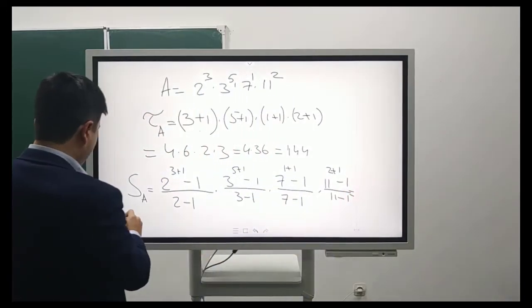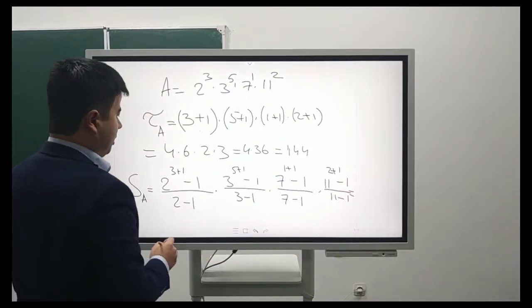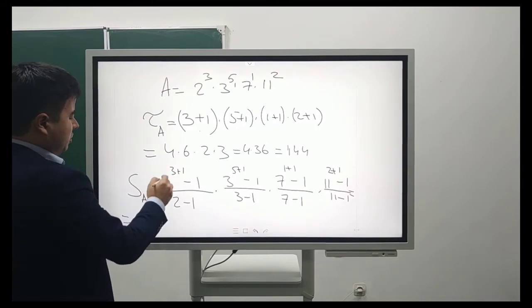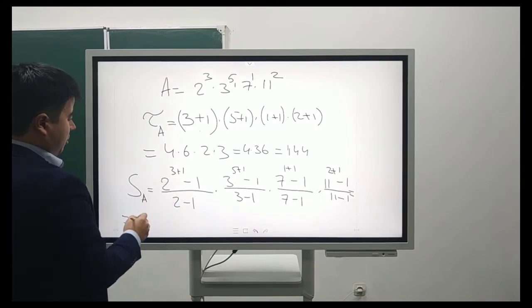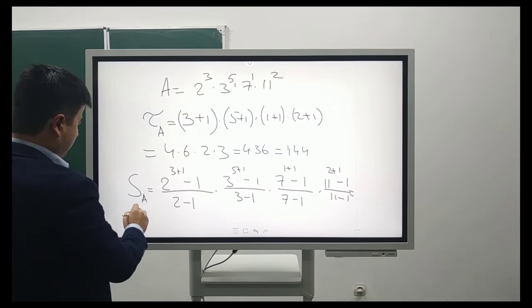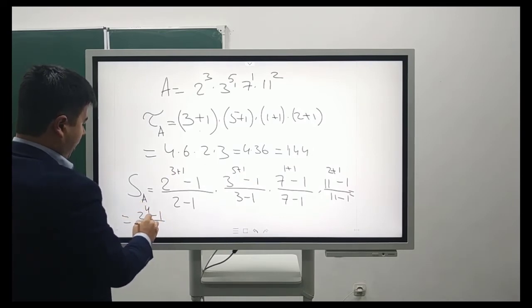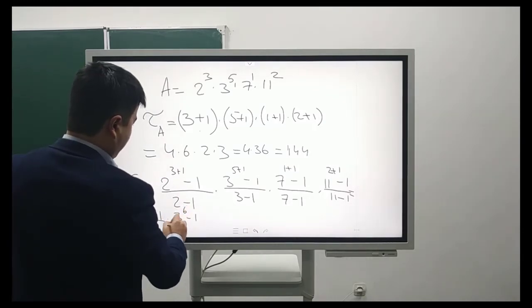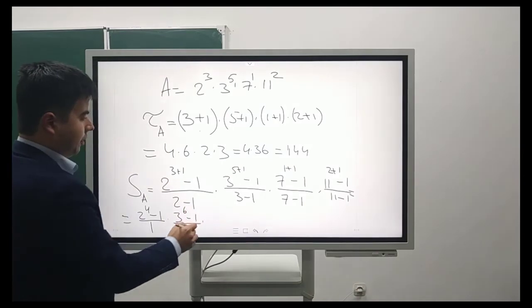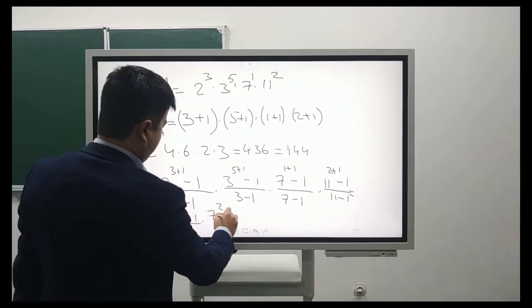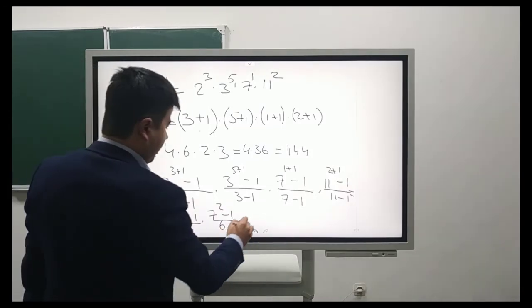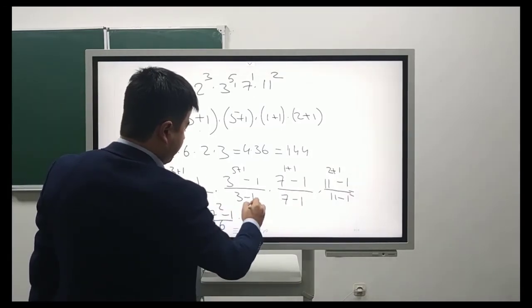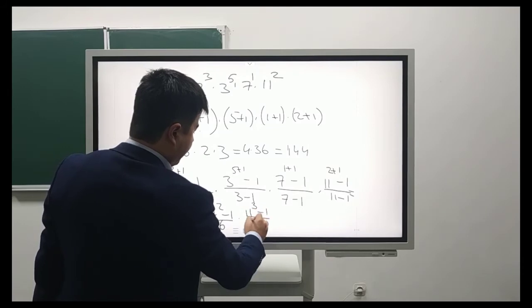If you simplify our expression, we get here 2 to the fourth degree minus 1 over 1. Let's write just these powers. Then 3 to the 6 minus 1 over 2. I think it's clear. And 7 squared minus 1 over 6, times 11 to the third degree minus 1 over 10.